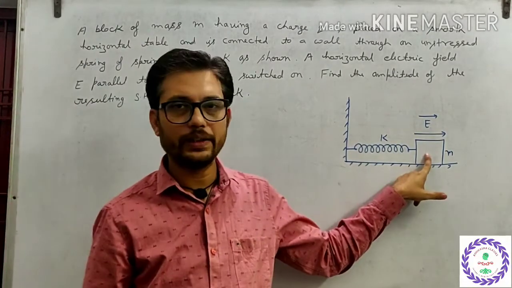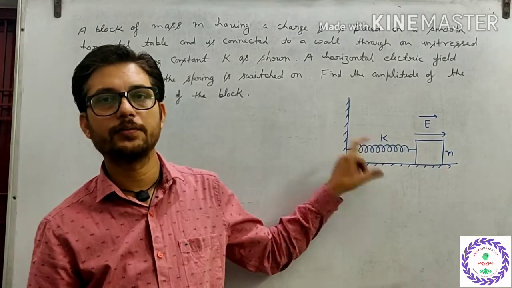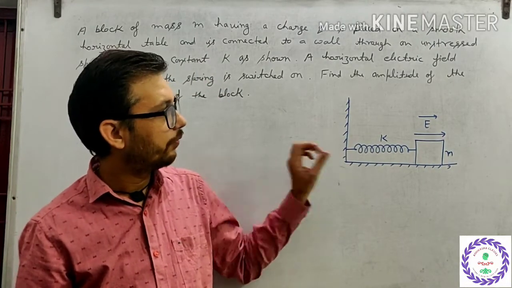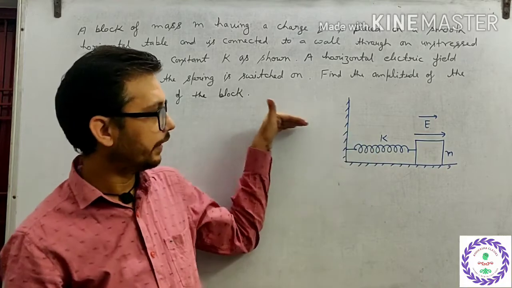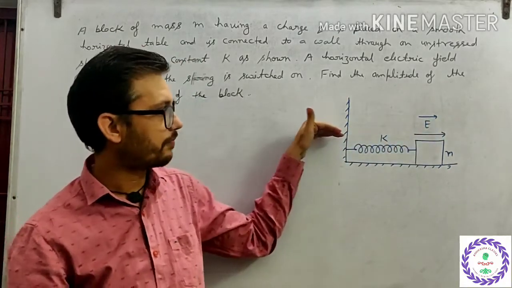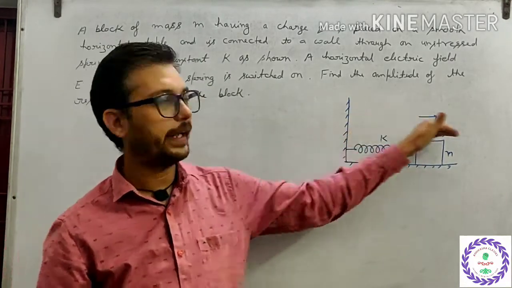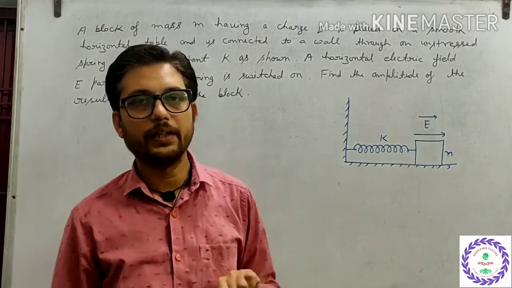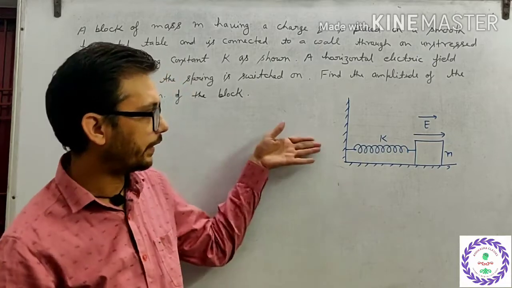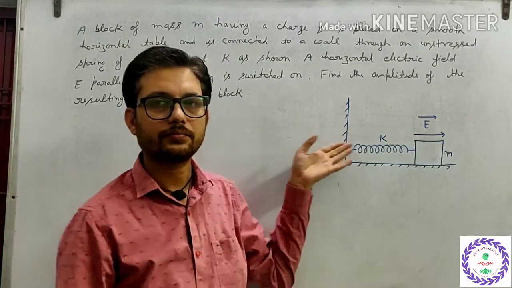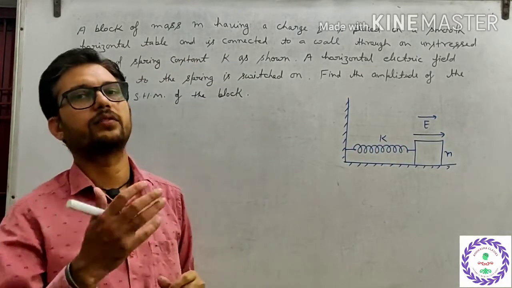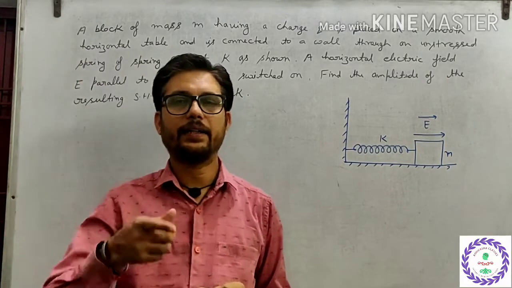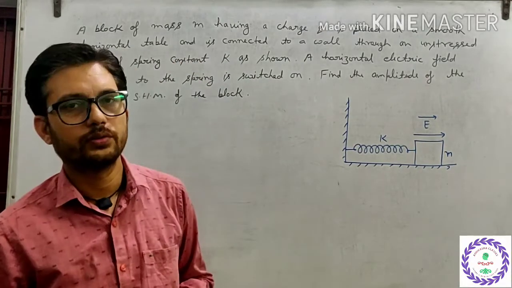This is the block which is connected with the spring, and when an electric field is switched on in this direction, due to this electric field an electric force will act in this direction. Whatever is the direction of electric field, that is the direction of electric force.